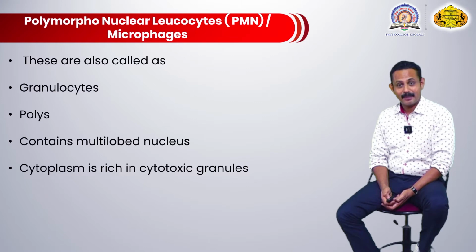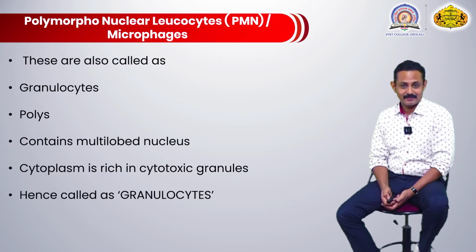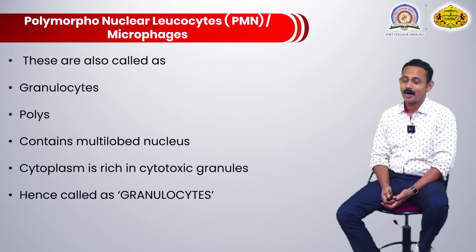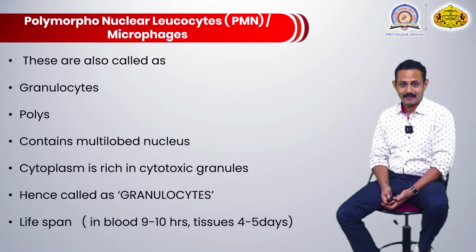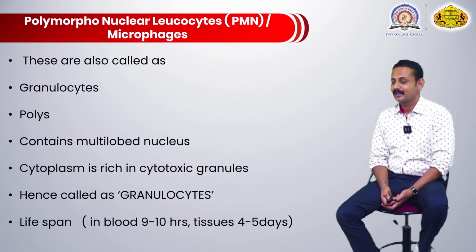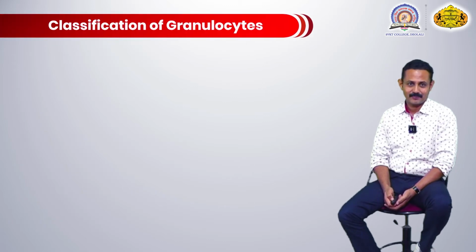In their cytoplasm, granules are present in rich quantity. That's why they are also called granulocytes. Their combined name, the multiple shapes of the nucleus and presence of granules, gives polymorphonuclear granulocytes or PMNs. The lifespan in the blood is 9 to 10 hours, and in tissue, in the fixed portion, they have a longer lifespan, 4 to 5 days.